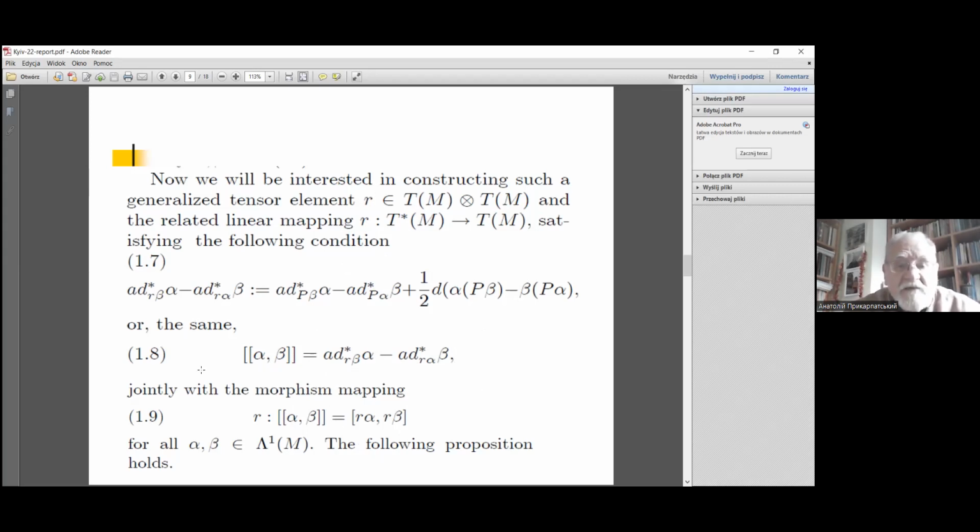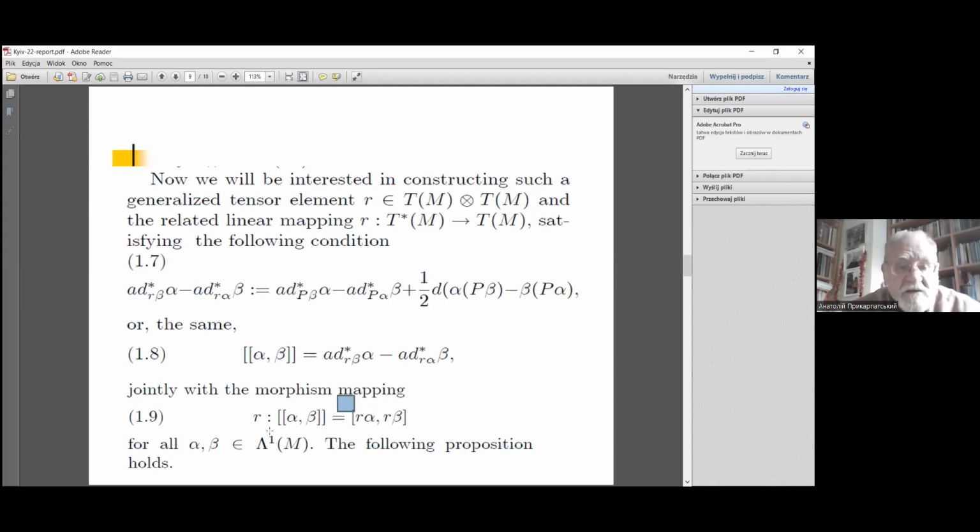So we have the following representation. The problem is that we need to impose some constraints on this tensor element, under which this mapping R from the commutator structure on the cotangent space to the Lie algebra structure on the tangent space of vector fields will be a homomorphism.